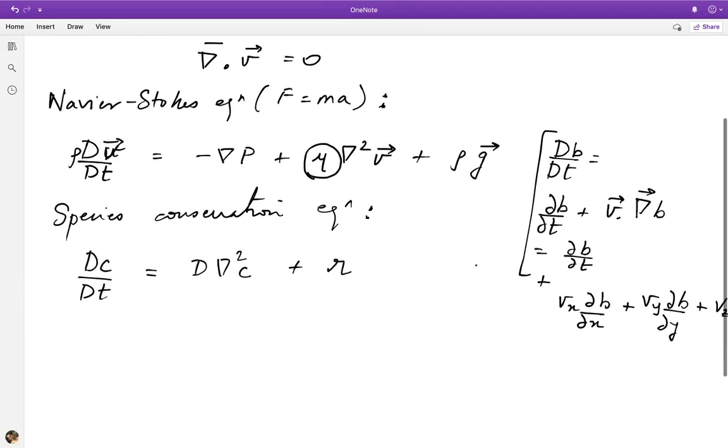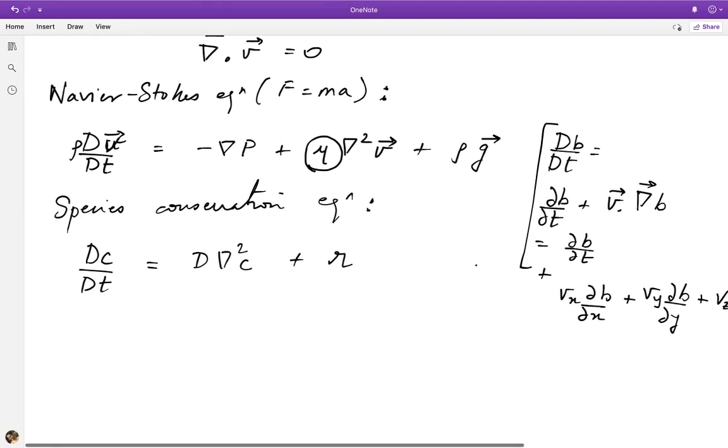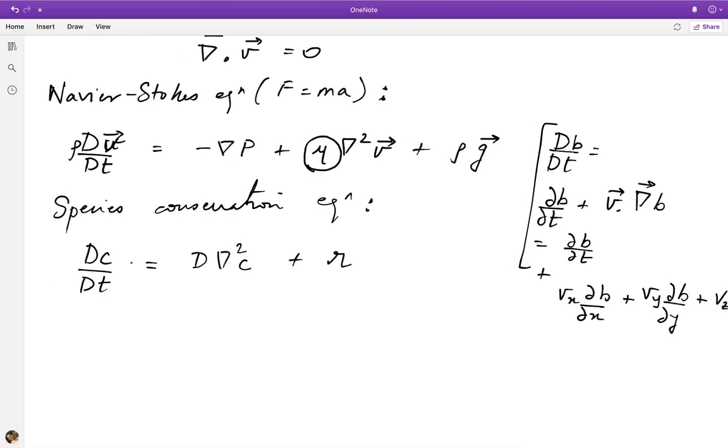So that's our convective derivative. So this D/Dt of C incorporates both the local time dependence change in concentration at a fixed point, as well as how it varies due to convection. And here we have the diffusion term.